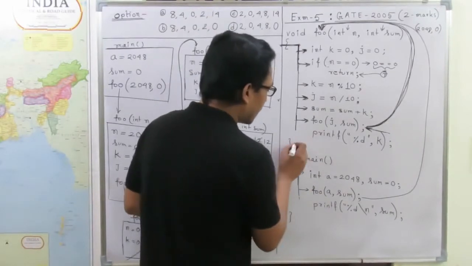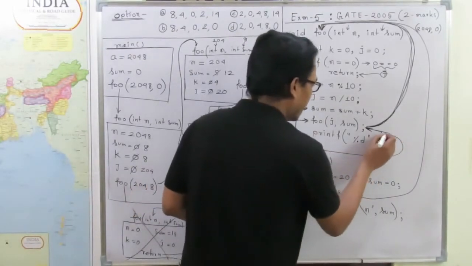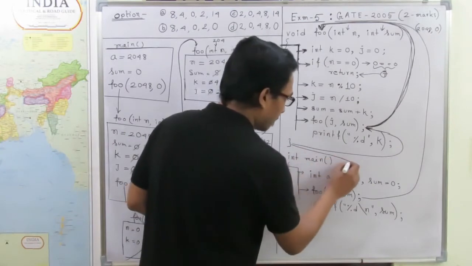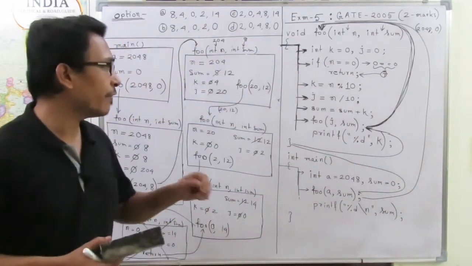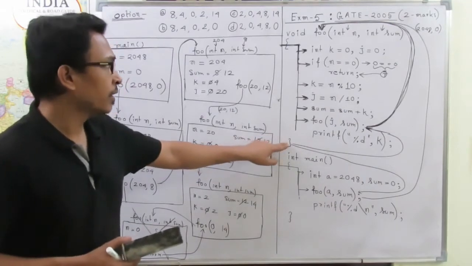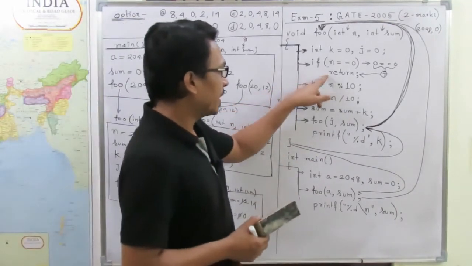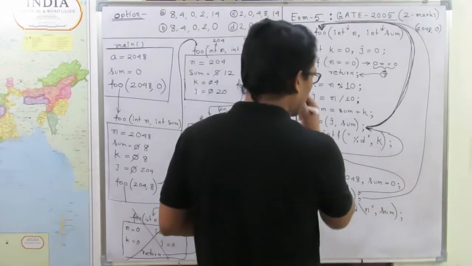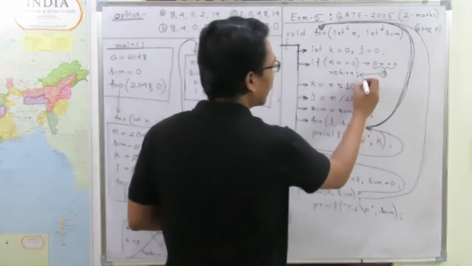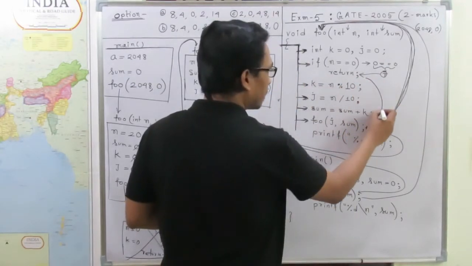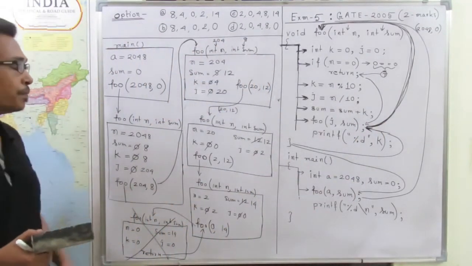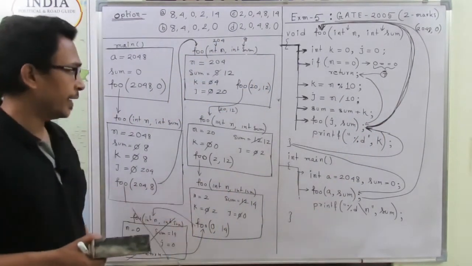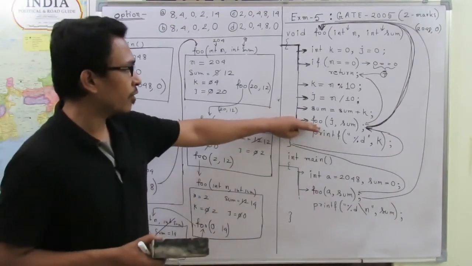Look, from this function definition we can return either here or here. Clear? We have two options to return. When this particular return happens, we will return to this particular function itself only. Clear?